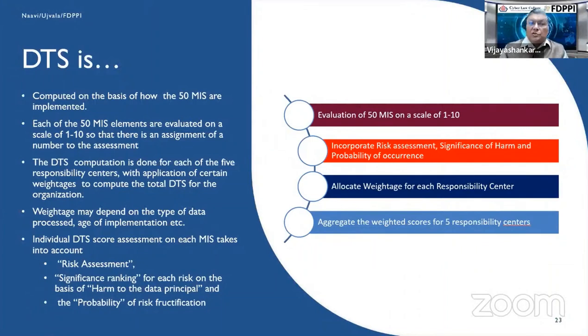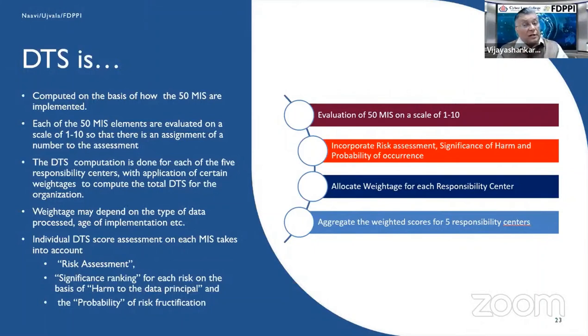What we try to do is to compute this on the basis of the 50 model implementation specifications by assigning a value to the effectiveness of the implementation of each MIS on a scale of 1 to 10 and then aggregating, which means that there are 500 points and it is being aggregated.